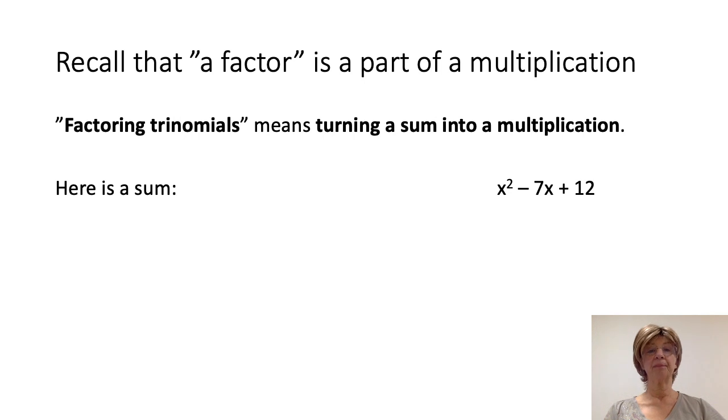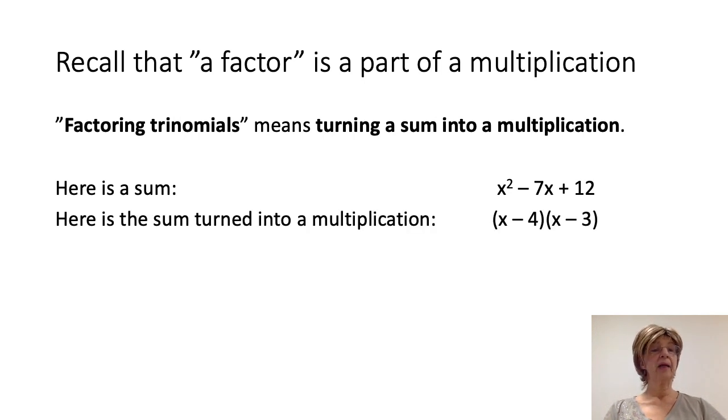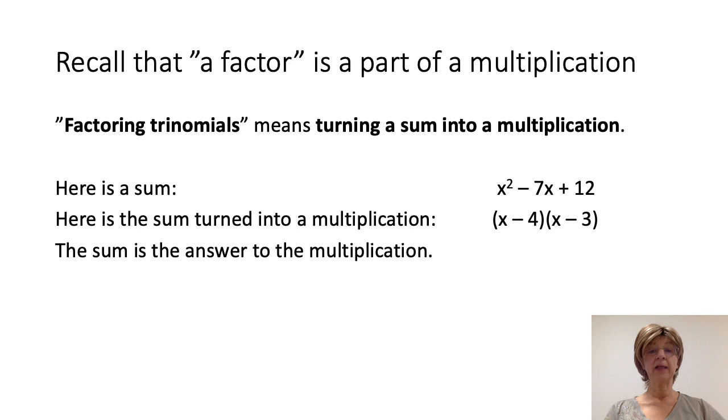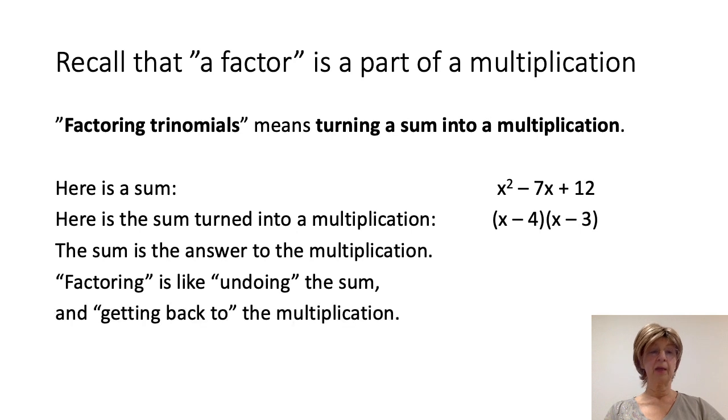Here is a sum, x squared minus 7x plus 12. Here is the sum turned into a multiplication: x minus 4 in parentheses times x minus 3 in parentheses. The sum is the answer to the multiplication. Factoring is like undoing the sum and getting back to the multiplication.